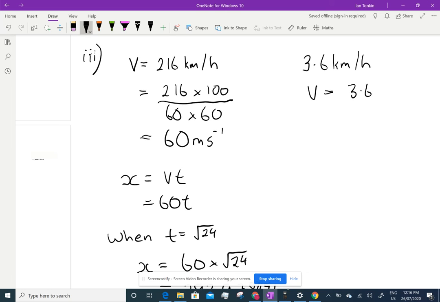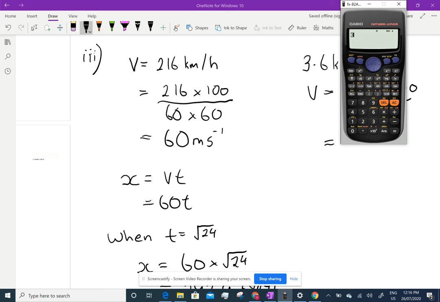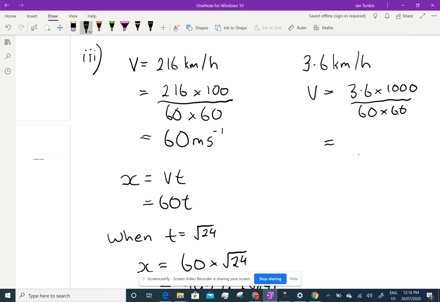So 3.6 times 1,000, let's get it in meters, over 60 times 60 equals 1. And when I get that, I'm pretty happy, because you can tell, it's got 3.6, 1 meter per second.